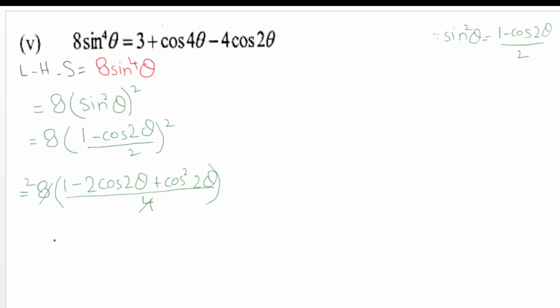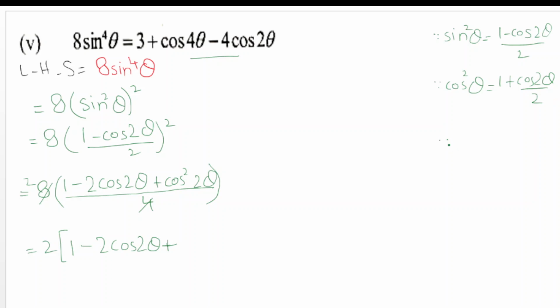Now the 2 is outside, so write here 1 minus 2 cos 2 theta. Again cos square 2 theta. Look here, there is no square value, so we'll just put the formula for this here. Let me write here cos square theta, that is going to be 1 plus cos 2 theta by 2. If there is cos square 2 theta, if the angle doubles, on the other side the angle will be 4 here.